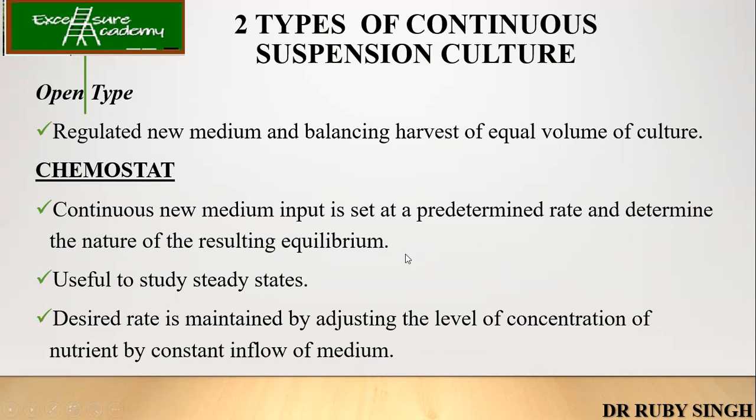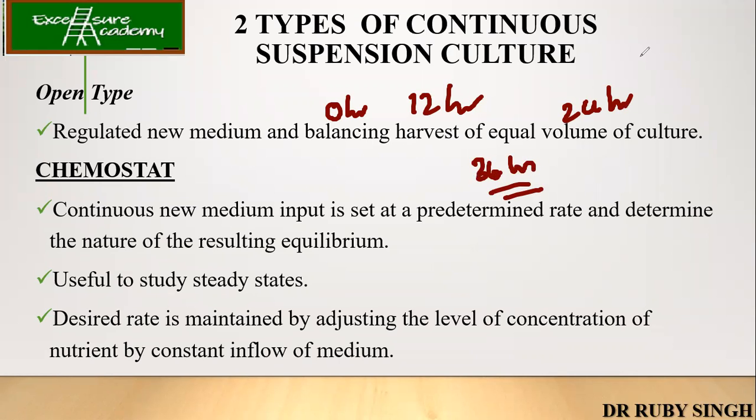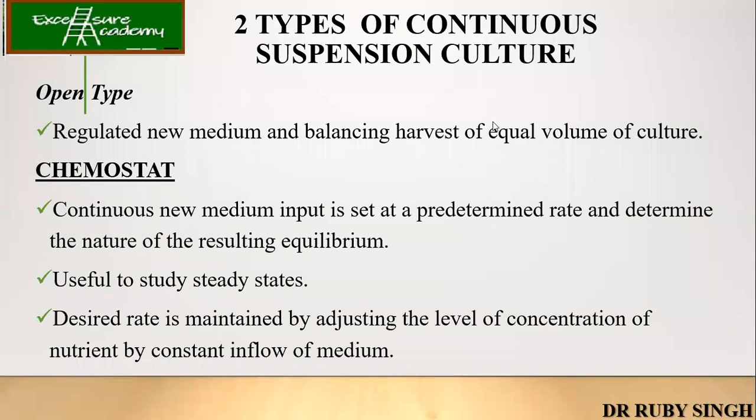Let us say you started at 0 hours, and every 12th hour you are adding new medium. Like this, you keep on adding the same medium, with a constant inflow every time.